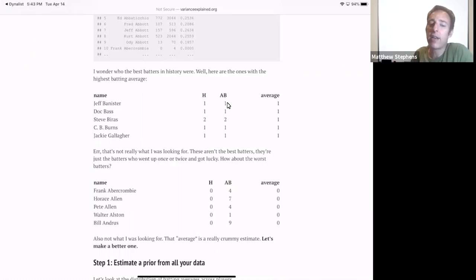The basic idea though is that the maximum likelihood estimate, which for these individuals is 1, it's H divided by AB, and for these individuals is 0. In both cases, those maximum likelihood estimates are not really very plausible estimates for the batting proportion of those individuals, say, for a future season. So that average is a really crummy estimate, is what the blog post says.